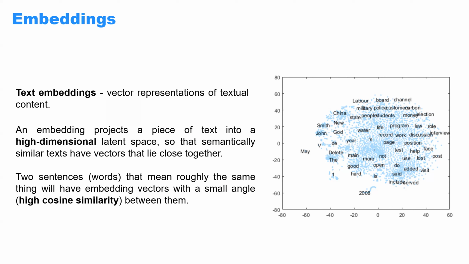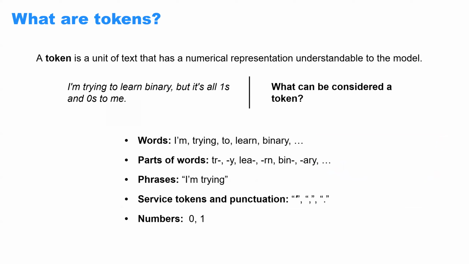As usual, they are highly dimensional because words contain a lot of meanings. So we use like 100 floating point vectors for every word, for every token. So let's talk about what a token is. Firstly, we need to decide what part of text we'll encode later.